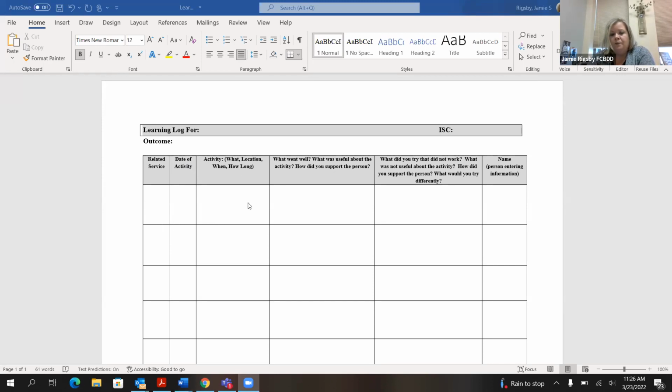But I was just thinking about some documentation I looked at the other day, and the outcome was, so-and-so will, the backstory on her is she's not real social. She likes to stay at home. She doesn't really like to talk to anybody, and getting her to come to ADS at all is kind of a big step for her. So the next step for her was being social and trying new activities and things like that.